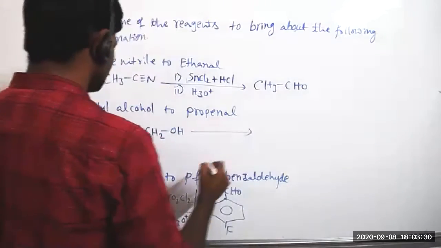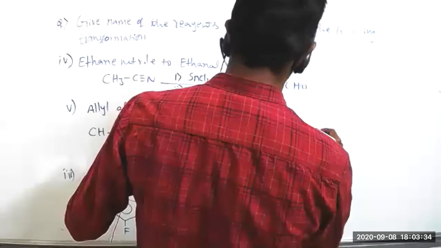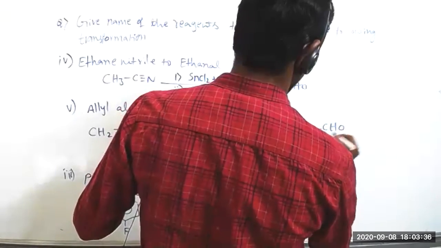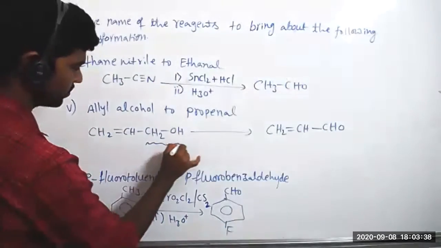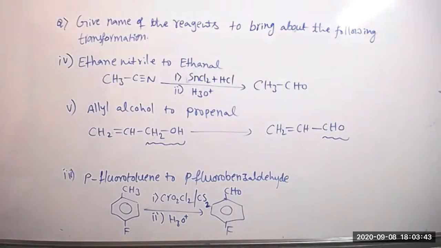This is changed to CH2 double bond CH, CHO. So we only converted this CH2OH to CHO. Which reagent is required? Tejashwini? Sir, it is CrO3.